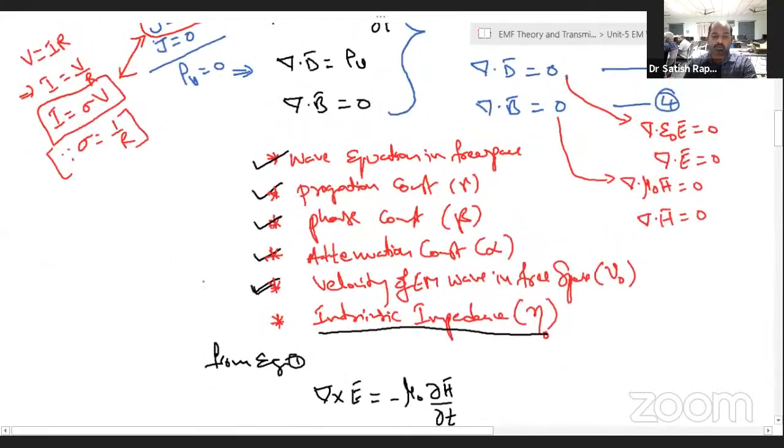So in free space we have discussed all this. I have derived the wave equation, and I have defined propagation constant, phase constant, attenuation constant, velocity of EM wave in free space, and intrinsic impedance.